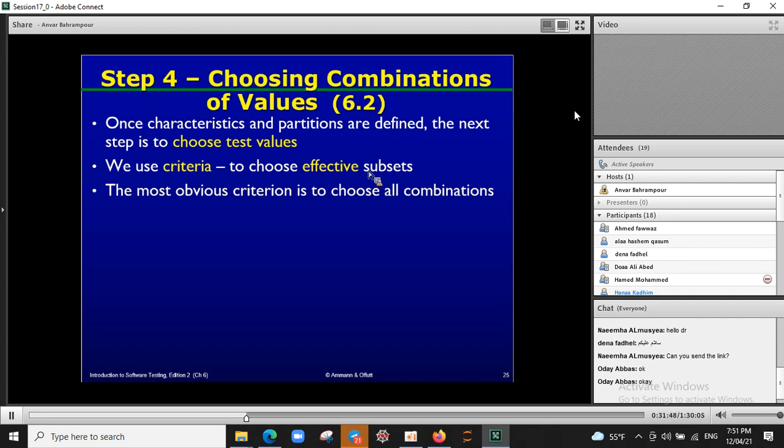So we have to use some criteria for choosing test values to choose an effective subset of all combinations. There is no need to do all combinations of test cases, because it would be a very large number for more complex programs.